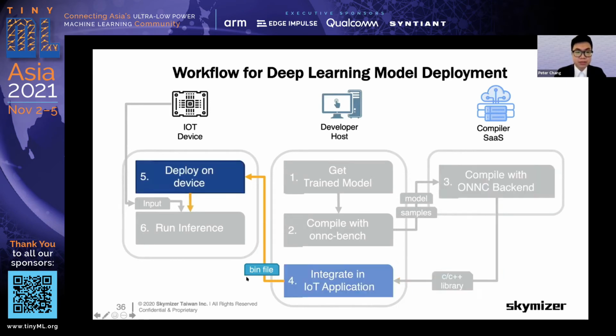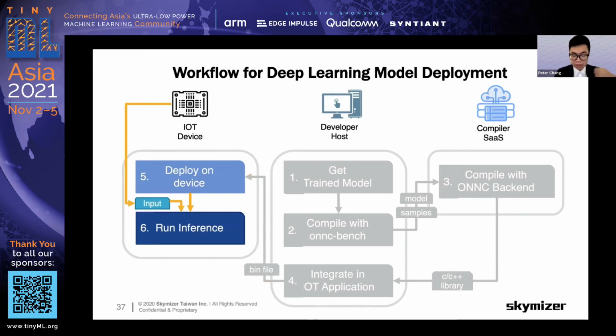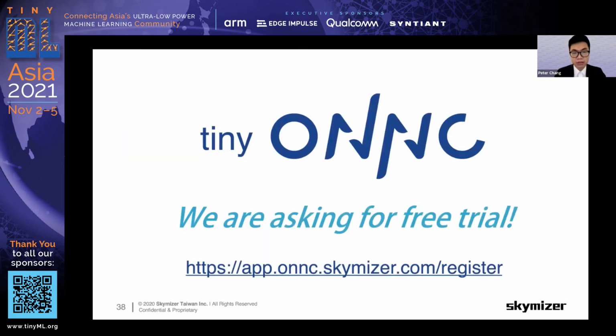And you could use this binary file on your devices through the menu of your IoT device's setup. And run inference: you could put your input through your sensors to your devices, and boom, you can get the inference result of it. And I think that's my presentation today.